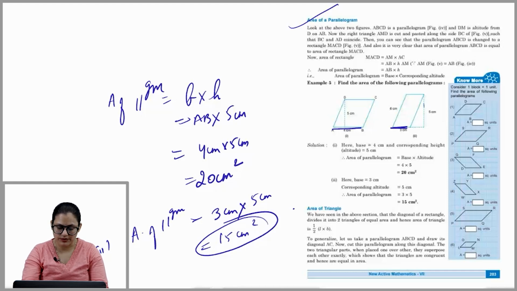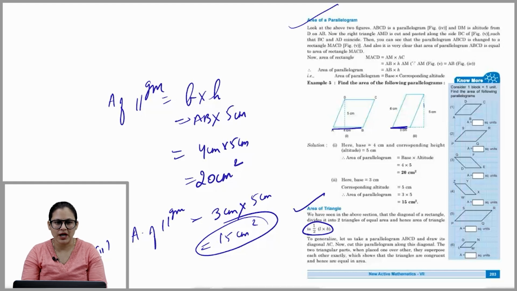Next, area of triangle. We have seen in the above section that the diagonal of a rectangle divides it into two triangles of equal area, and hence area of triangle is half into length into breadth. To generalize, let us take a parallelogram ABCD and draw its diagonal AC. Now cut this parallelogram along this diagonal.